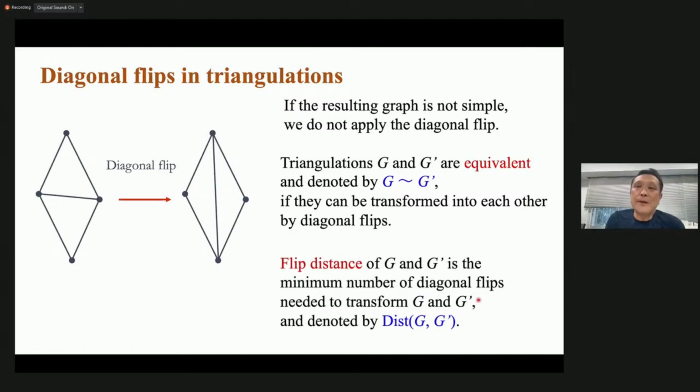The flip distance, this terminology appears in the title of the talk. The flip distance of G and G prime is the minimum number of diagonal flips needed to transform G into G prime, and is denoted by this.